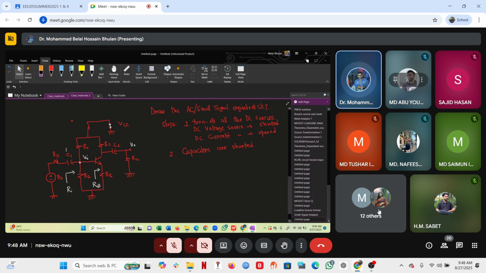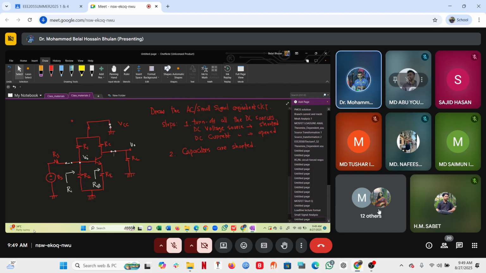So how many capacitors have you got? You have got this capacitor and we have got this capacitor. So these two capacitors are shorted.